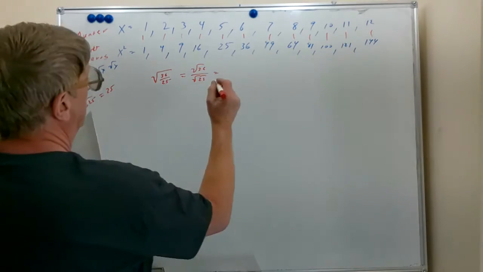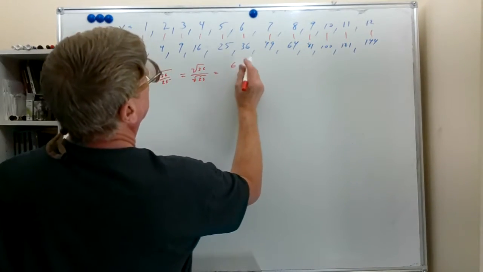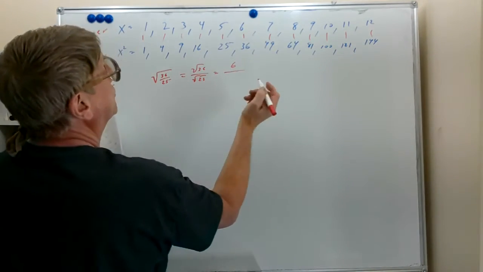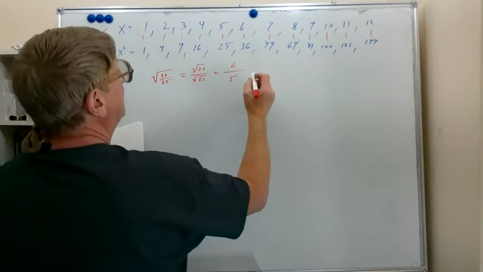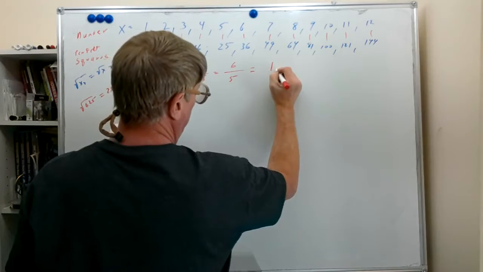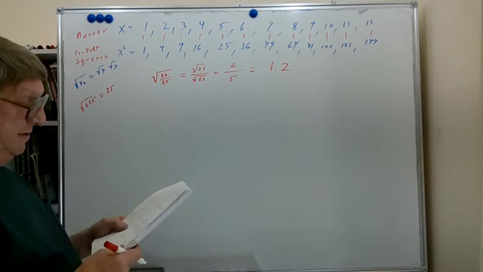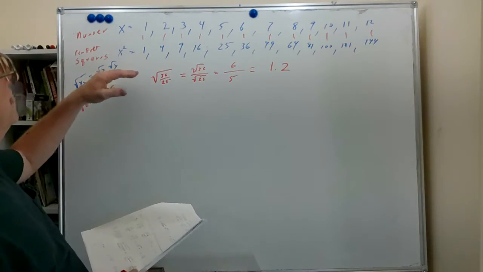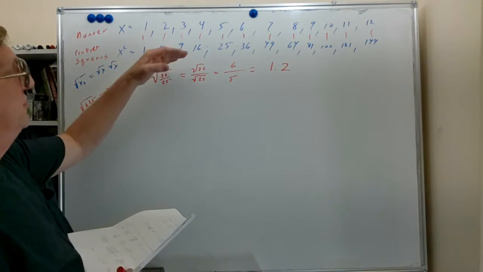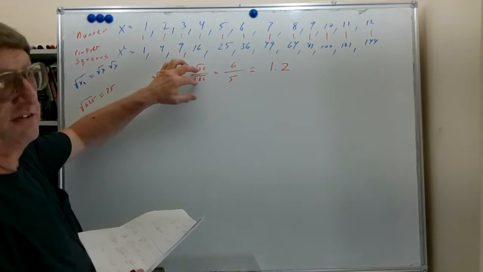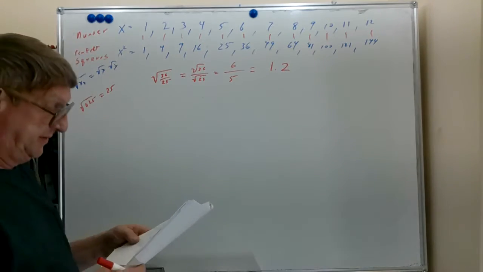So we can replace the square root of 36 with 6 and the square root of 25 with 5. So we end up with 6/5. And if we divide it out to make a decimal, that's 1.2. You see how much we simplified it by breaking it into the numerator and denominator, which happen to be perfect squares, made it really easy to do.